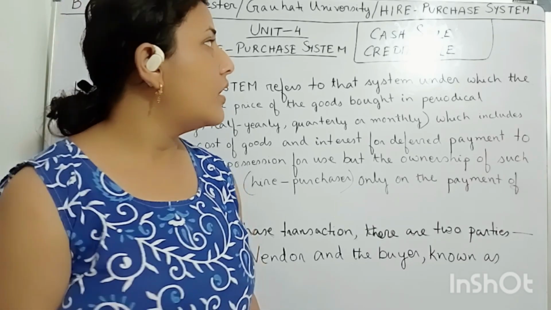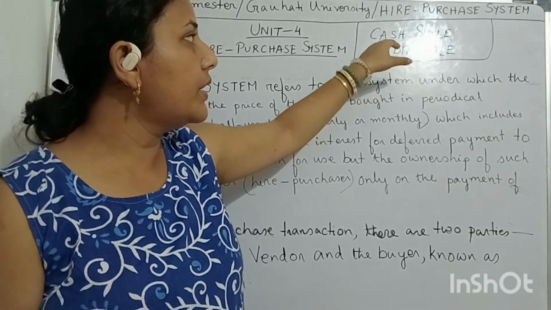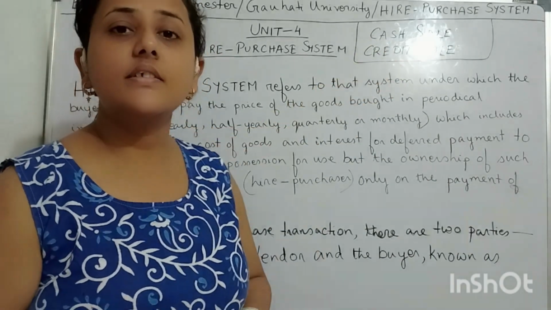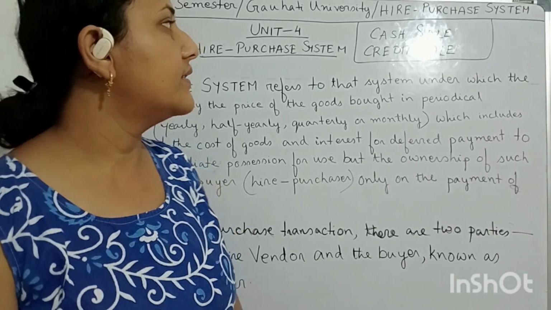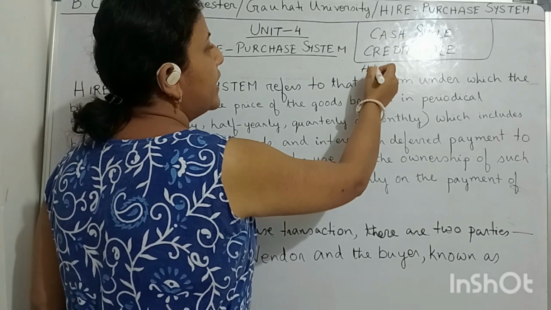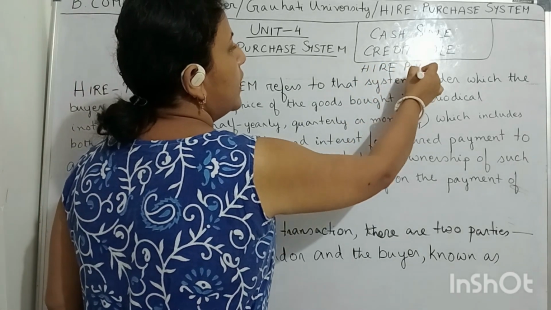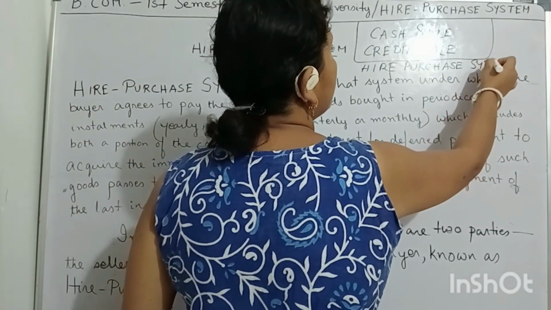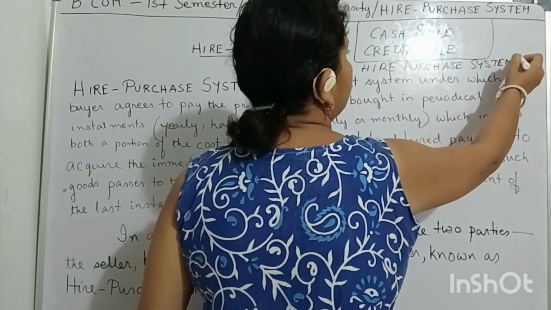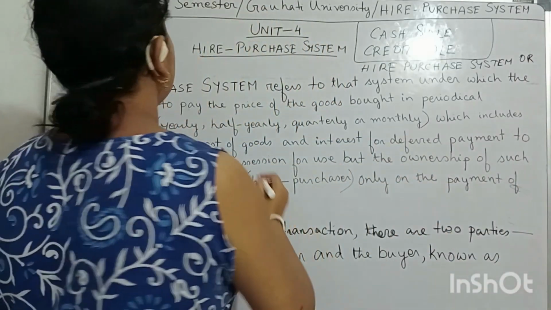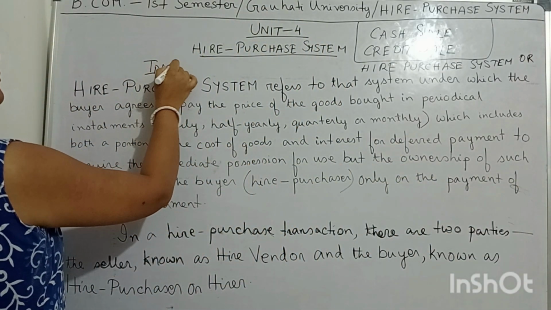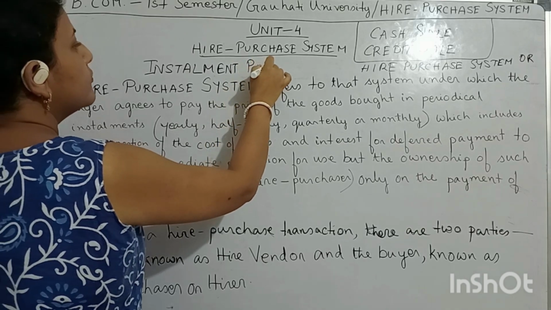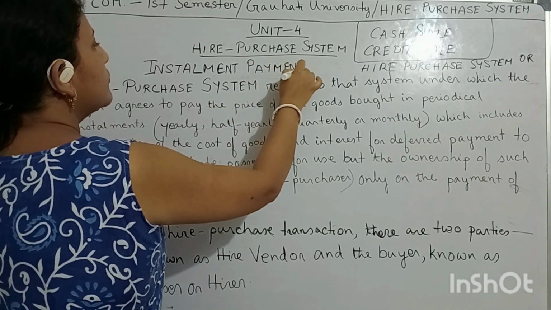Now, except these two systems, cash sale and credit sale, there are other systems also, which is known as hire purchase system, or you see here, installment payment system.